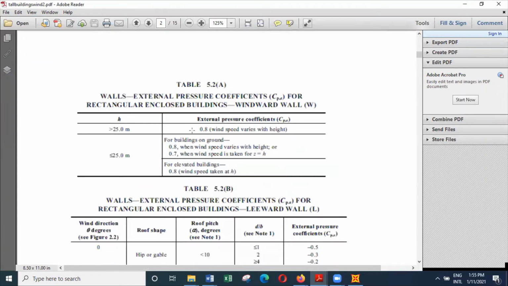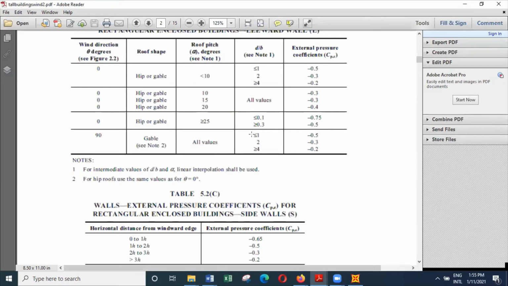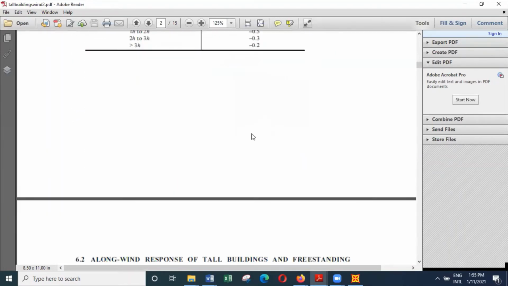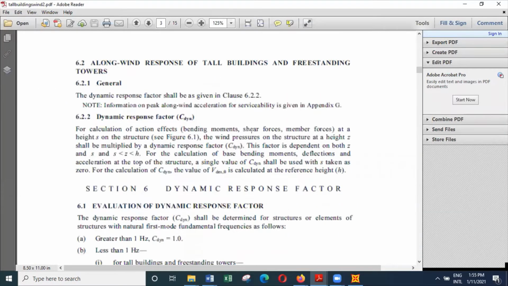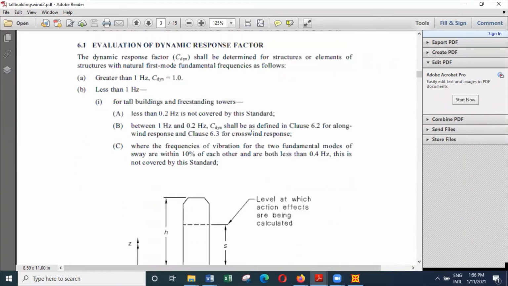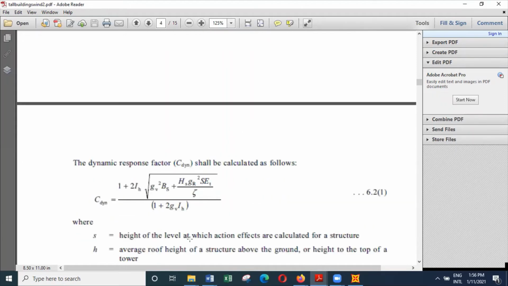Yeah, okay. So here you can see the external pressure coefficient of 0.8, and then on the windward side and on the leeward side, you get these values depending on D/B ratios. And if you look at the along-wind response, the first thing is to calculate this C dynamic value, and C dynamic is given by a particular equation like this.